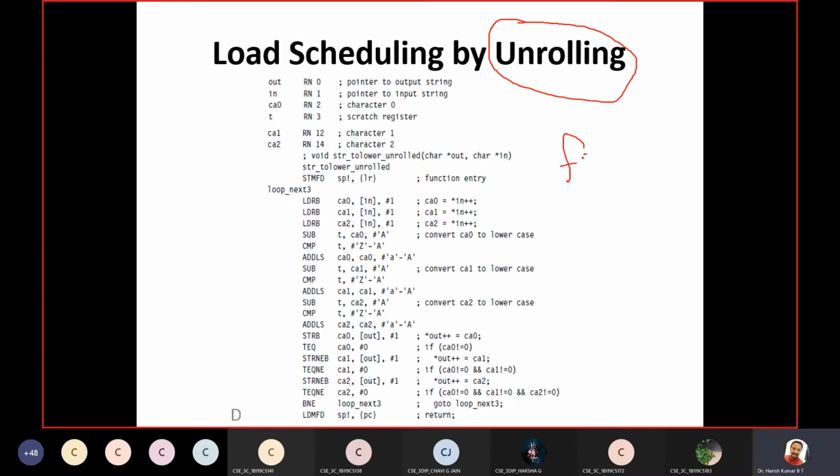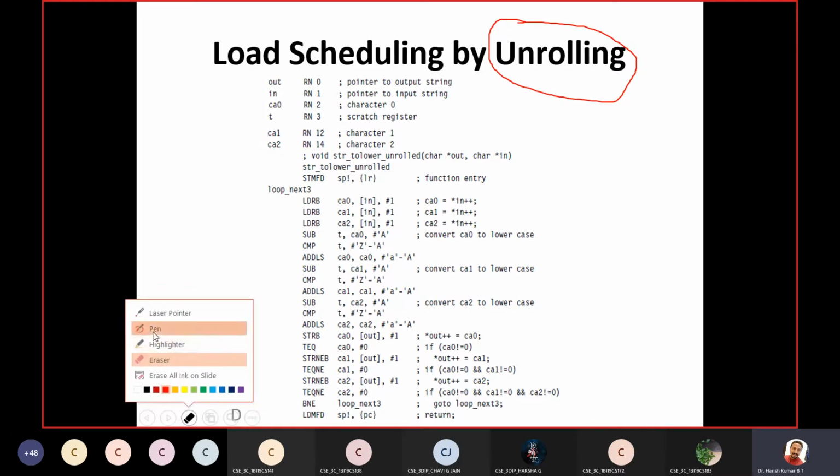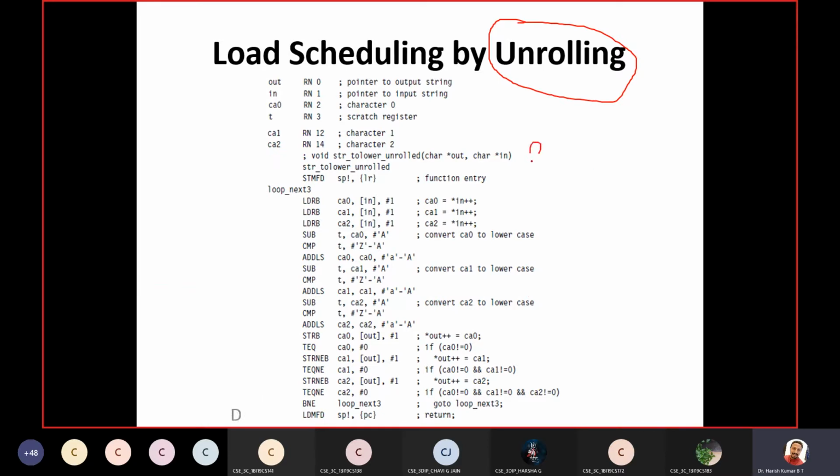I have a loop, so let me write a for loop. Let us make you understand, because you have to understand the concept of loop unrolling. For i equal to 0, i less than 10, i plus plus.